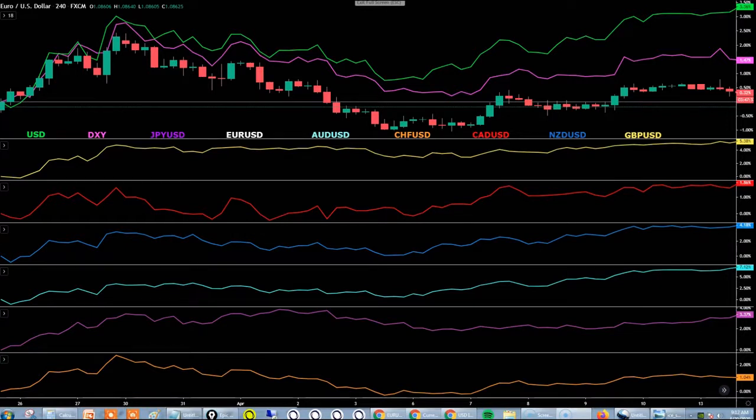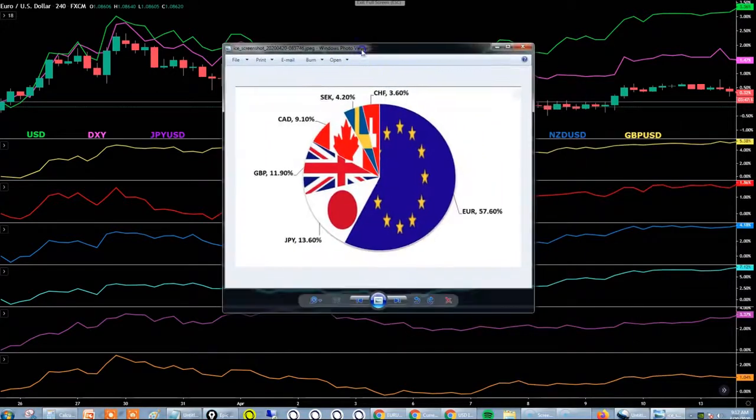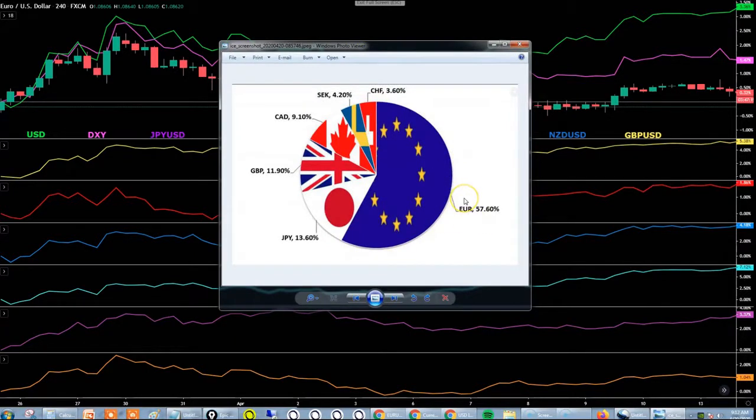Now, as you may know, those that are familiar with my work, unlike the mainstream way that exists out there to monitor the overall performance of the US dollar index, or DXY as we know it, which has, let me just bring this pie chart here, a euro weighting of about 60%, and doesn't even consider the performance of the oceanic currencies nor the Chinese yuan, for example.